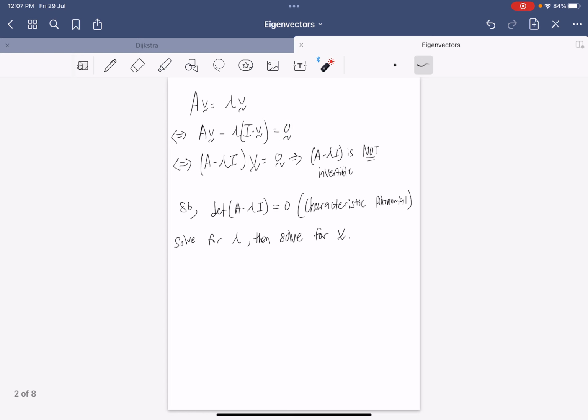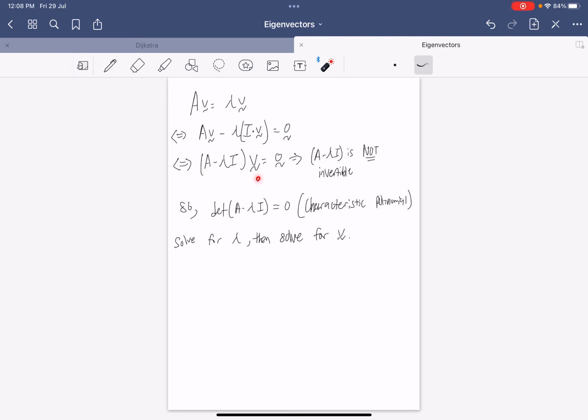Because this is now a matrix and this is a matrix, multiplying the same vector, by the distributive, commutative and associative laws, you can just pull them out and group them. So it's A minus lambda I times V equals the 0 vector.